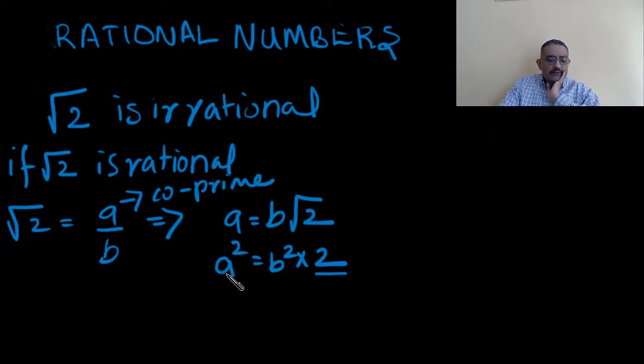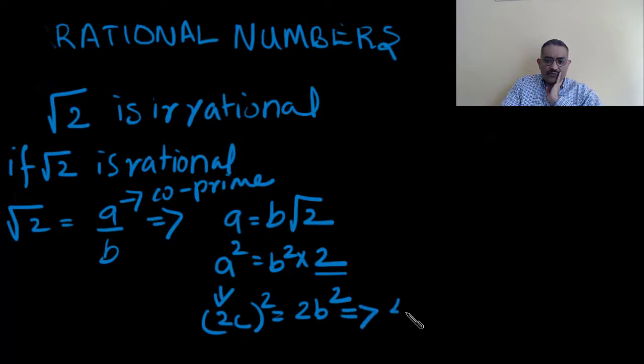So imagine that we can therefore write this as, let's say, A is equal to 2C, whole squared equal to 2B squared. All right. So this means that we would have 4C squared is equal to 2B squared.